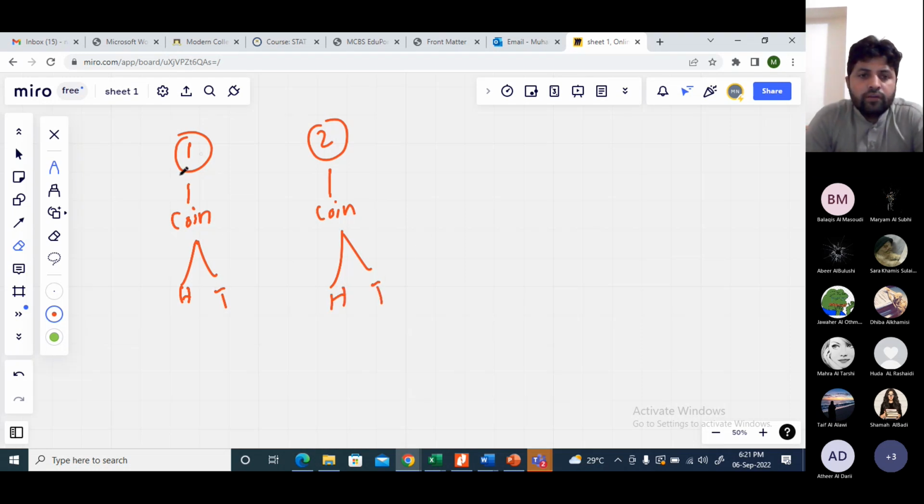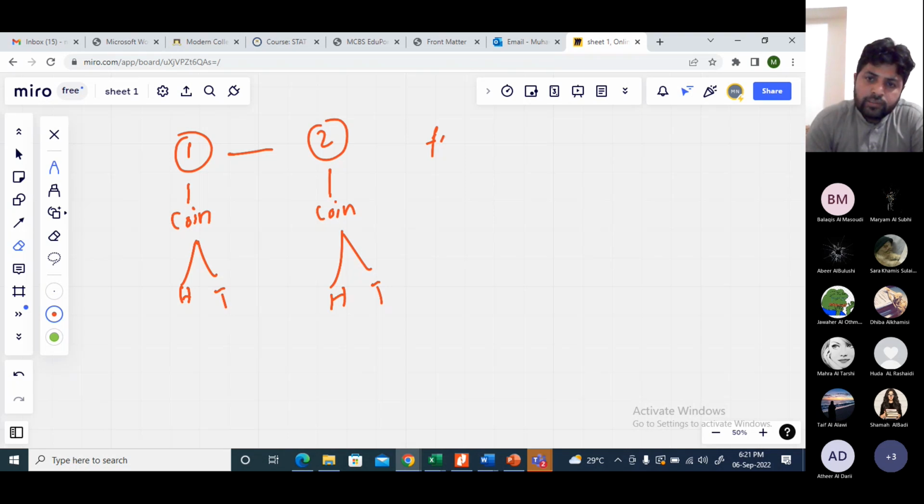So for coin one, if we toss, we may have head and tail, and if we toss a second coin, we can have head and tail.